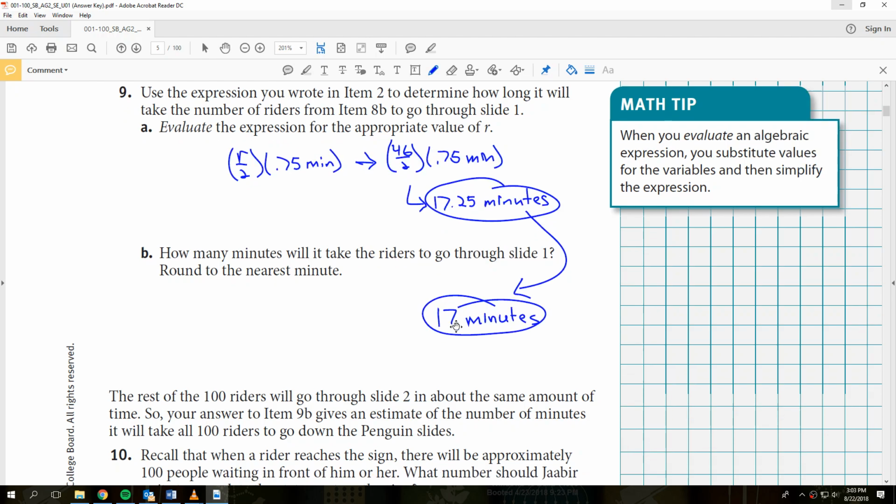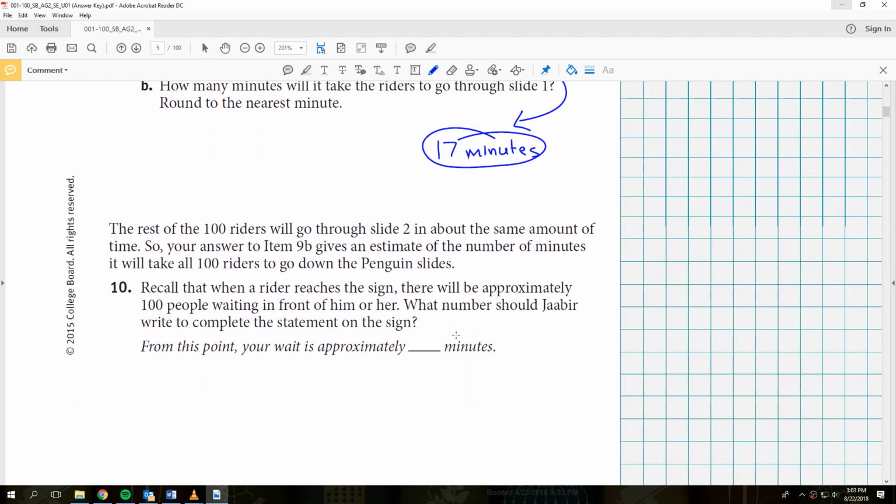Okay, let's keep going. So the rest of the 100 riders will go through slide 2, and we already said 46 are going through slide 1. But anyway, the rest of the riders will go through slide 2 in about the same amount of time. So your answer to item 9B gives you an estimate of the number of minutes it will take all 100 riders to go down the penguin slides. Recall that when a rider reaches the sign, there will be approximately 100 people waiting in front of him or her.